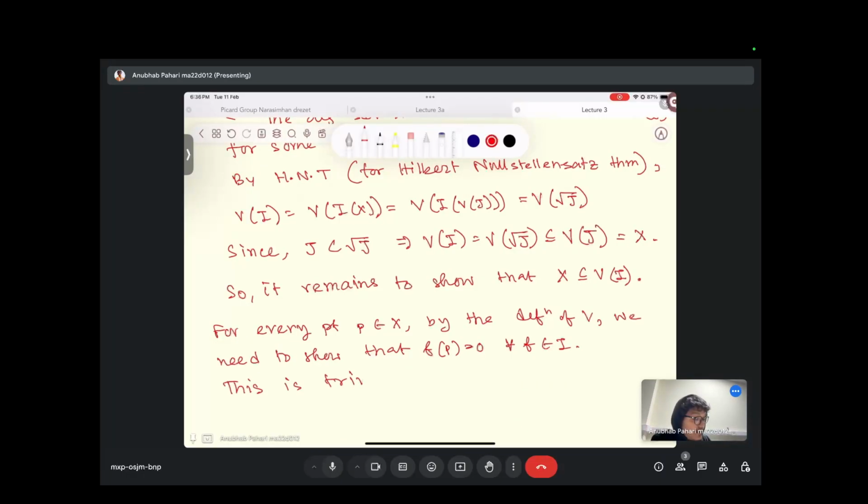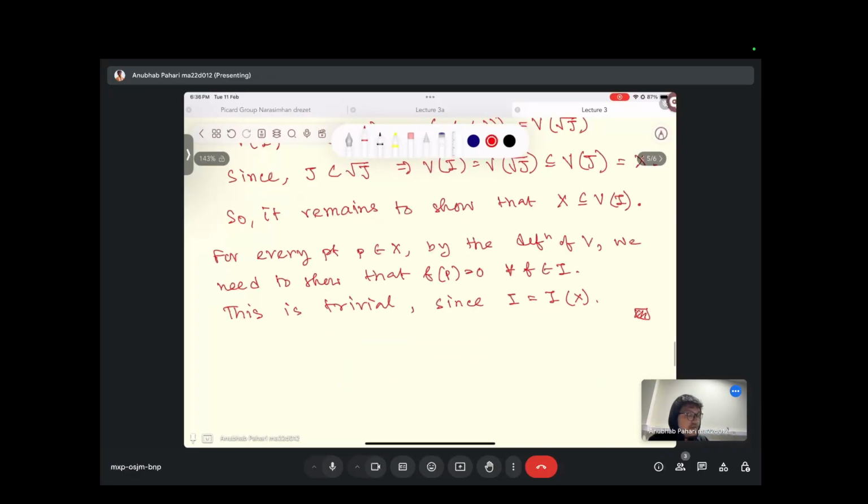Since I equals to I(X). So we are done for the first proof.